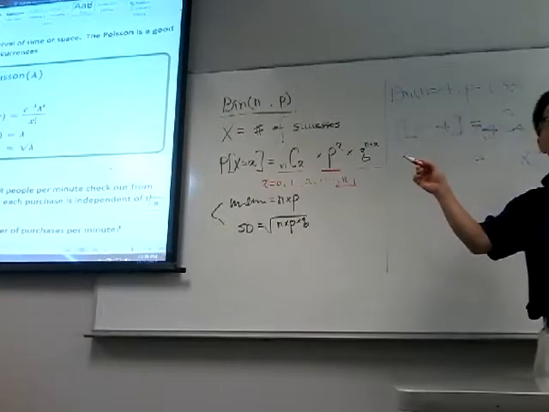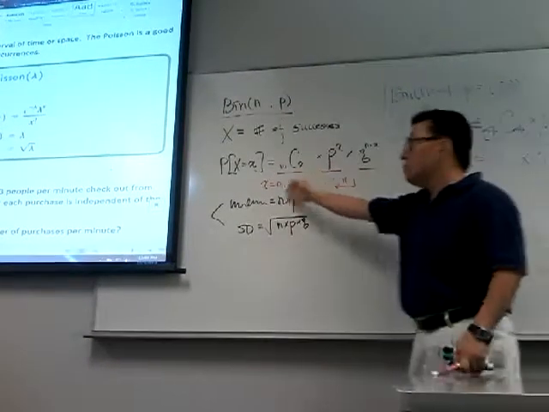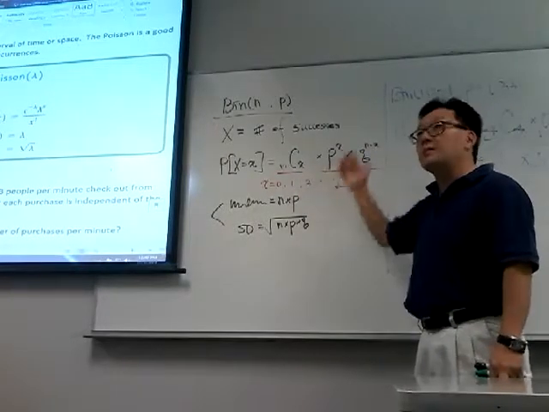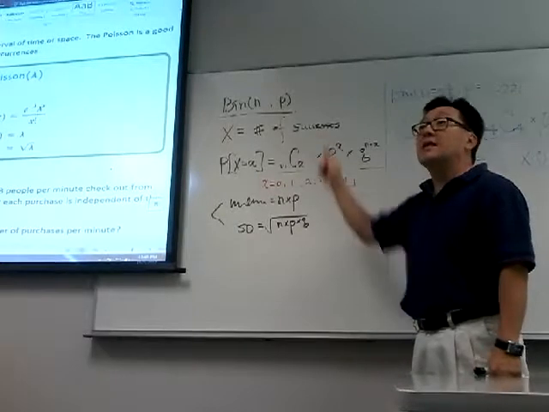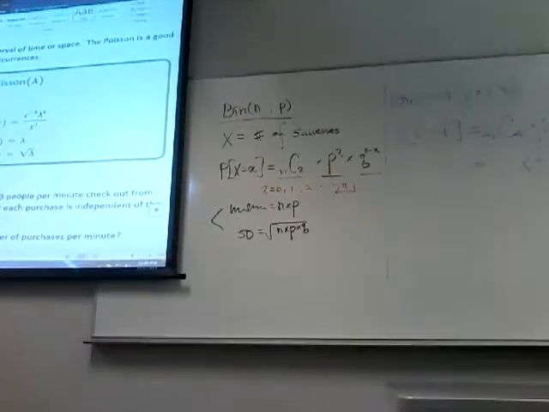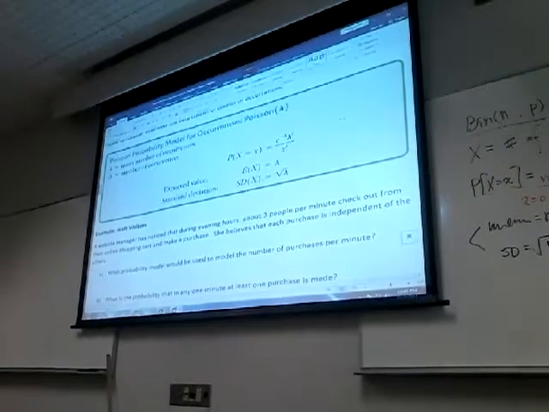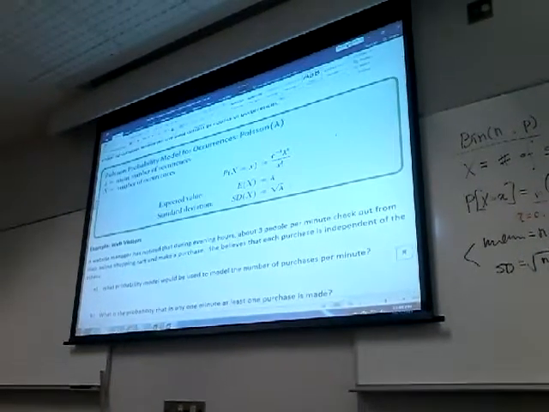But the Poisson, there is no limit. It started 0, 1, 2, 3, 4, the same as the binomial, but it's going to infinite. That is the Poisson distribution. And we need the lambda, and lambda was the mean and the variance in the Poisson model.